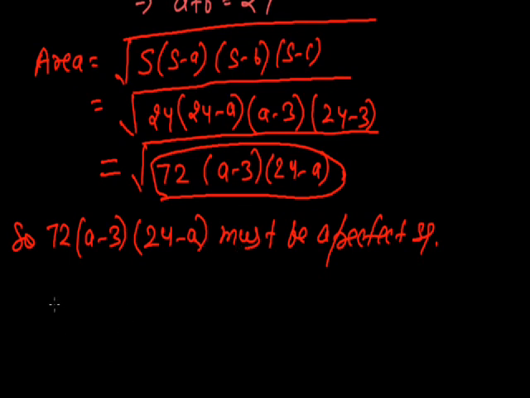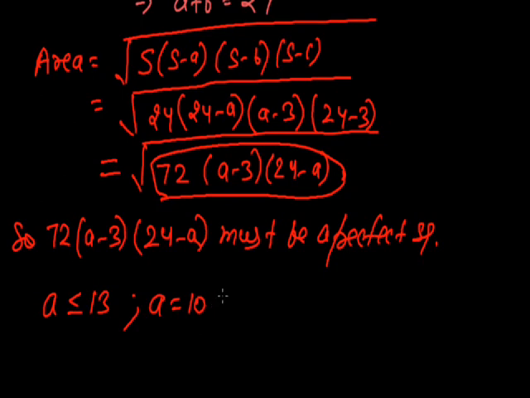Now if a is the shortest side, then a is less than or equal to 13. Thus a equal to 10 is the only possible value among the given values satisfying the condition.